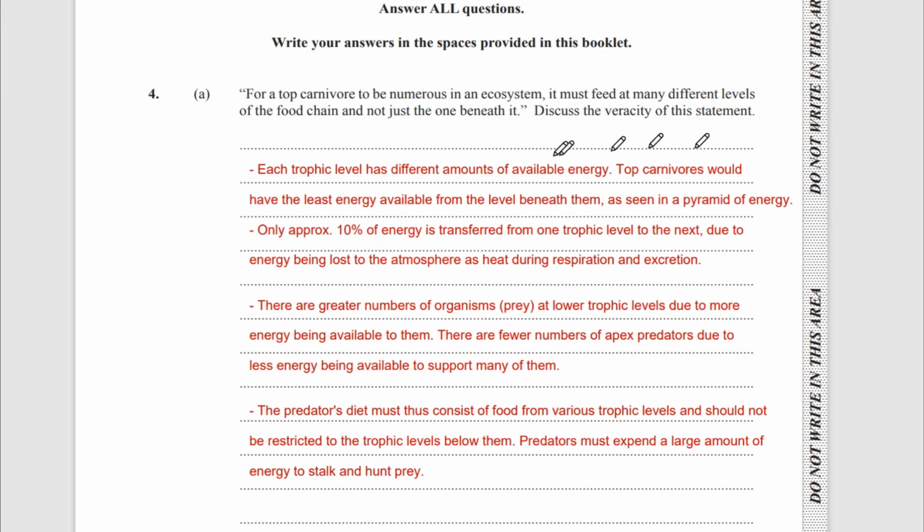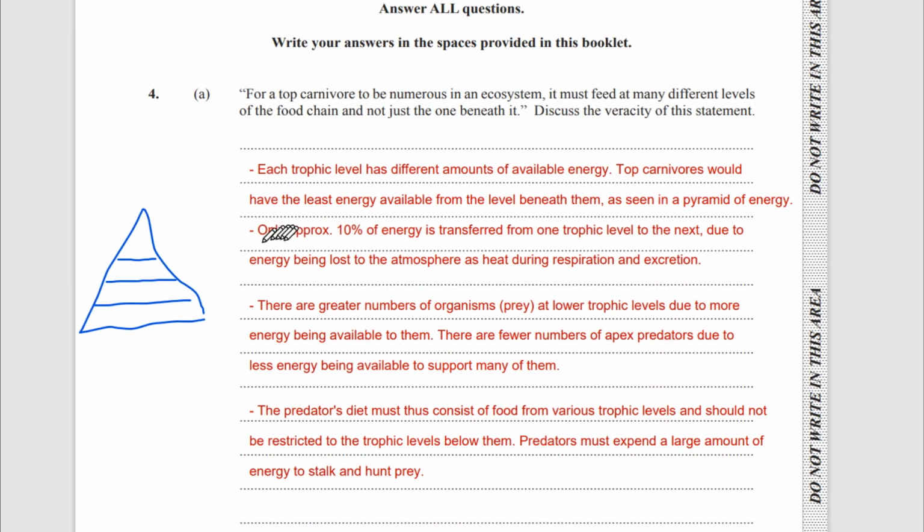The top carnivores would have the least energy available from the level beneath them, as seen in a pyramid of energy, where the producers would be down here, and this would be your primary consumers, your secondary consumers, your tertiary consumers, and so on, if you have quaternary too. And you have less and less energy being made available.